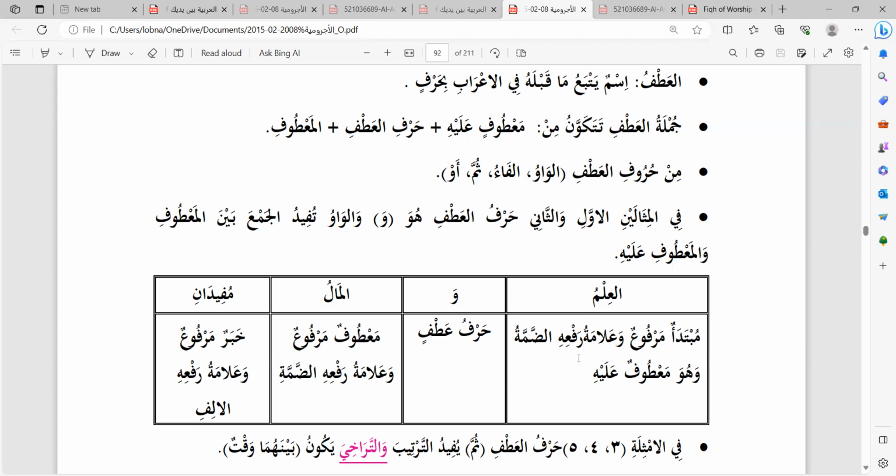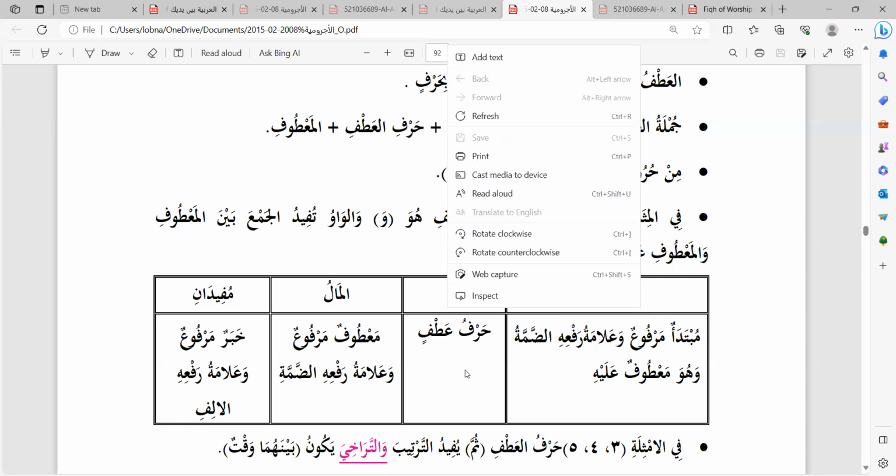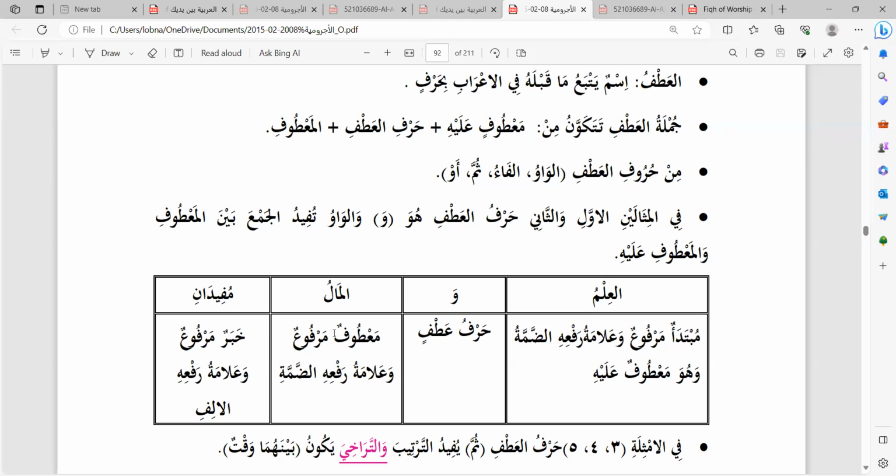It's like saying combining. So generally, in this case it is العلم والمال مفيدان. So العلم is مبتدأ مرفوع وعلامة رفعه الضمة وهو معطوف عليه. By the way, you don't have to even mention this. A lot of the times they'll just stop here itself. But this is just to show you, this is معطوف عليه. معطوف عليه is something that comes before a wa, and then there is معطوف مرفوع وعلامة رفعه الضمة.